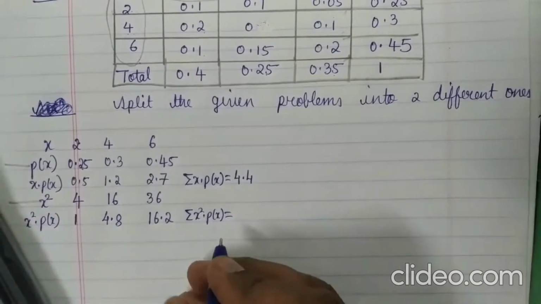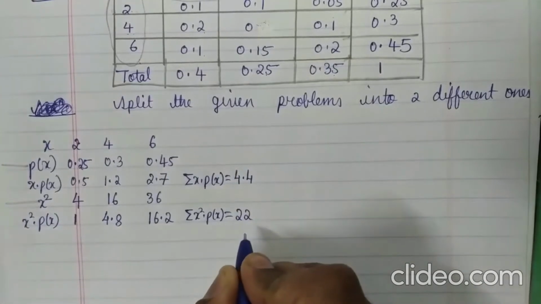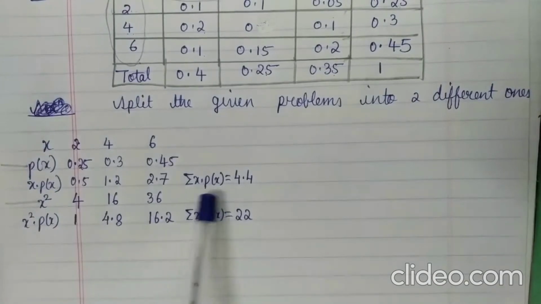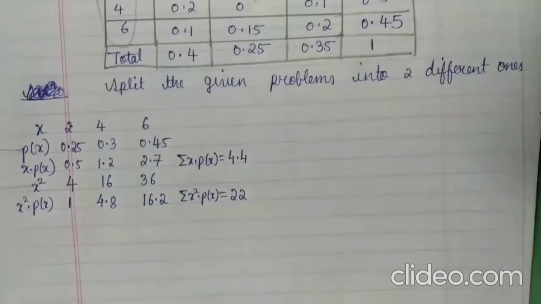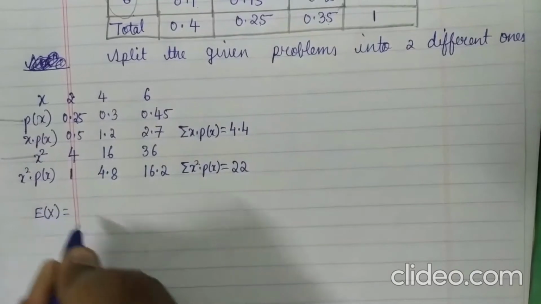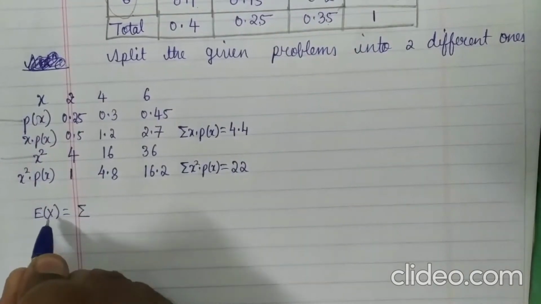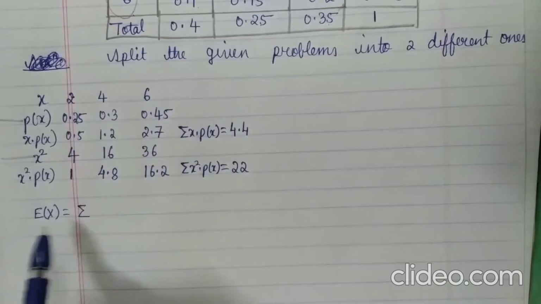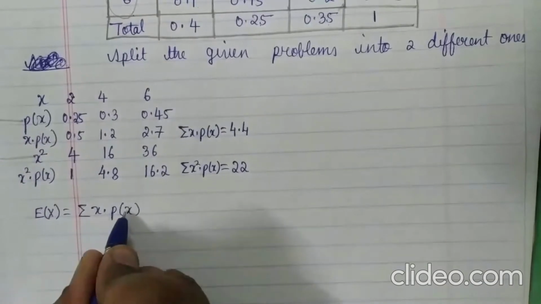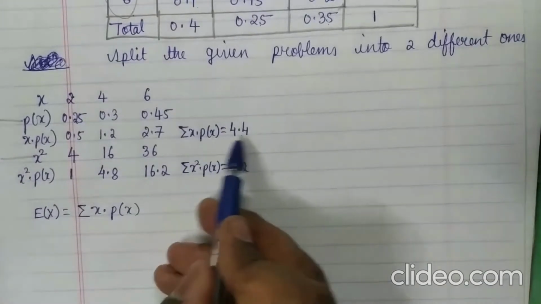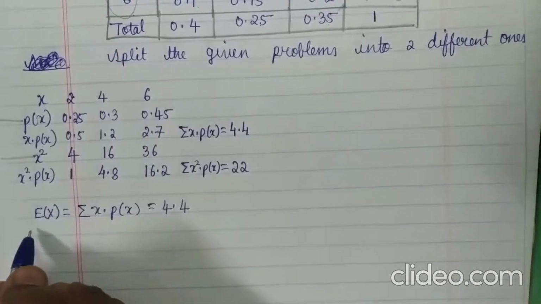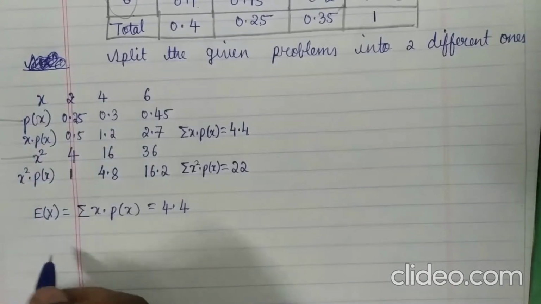So the answer is 22. So these are the values for expectation of x. Therefore, E of x, by formula, the expectation of anything is equal to the summation of that thing multiplied by the probability of that thing itself. So summation of x p of x is nothing but 4.4. The next thing, expectation of x square.